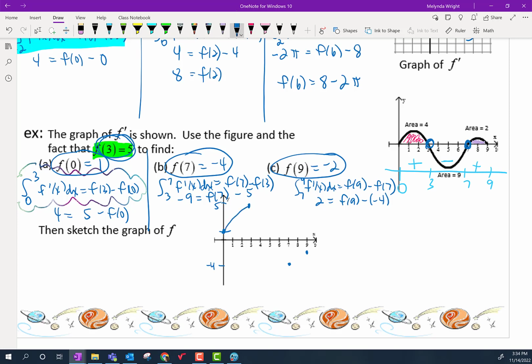Yeah, that seems good. From 3 to 7 I'm decreasing. Okay, I agree with that. And then from 7 to 9 I'm increasing. So great. It would have worked out fine if I had just graphed it like that, but I wanted to verify with the sign chart. This is f prime. All right.